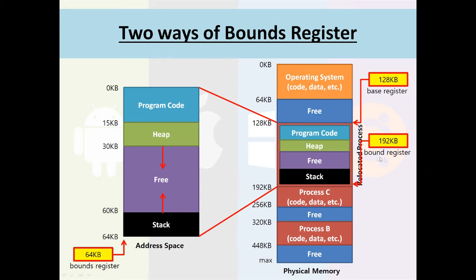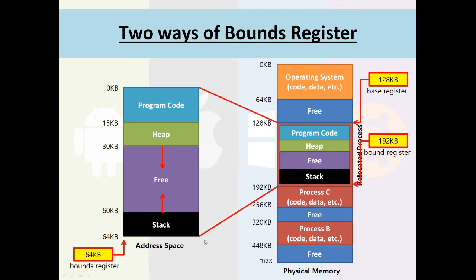Now, I've spoken about using this base and bounds register to indicate the beginning and end, essentially, of our process in memory. The base register points to the start of a process in physical memory, and the bounds register indicates the end of a process within address space, or the size of the address space.